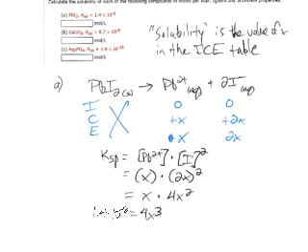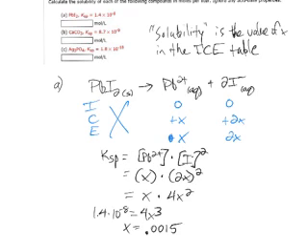If we divide by 4, and at this point you can pull out your calculator, and then take the cube root, or that's the same as raising it to the 1/3 power, we get a value of x equal to 0.0015. And that's your answer for part A. So when they're asking for solubility, what they're asking for is the value of x in the ice table, and what we worked out was the numerical value of x.